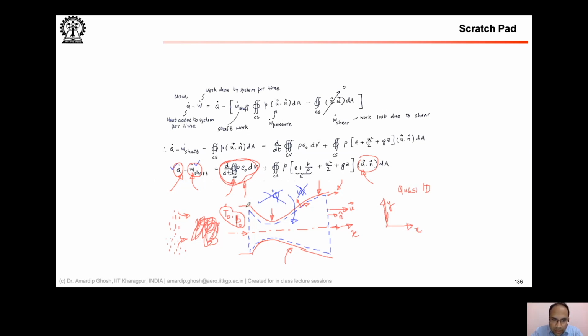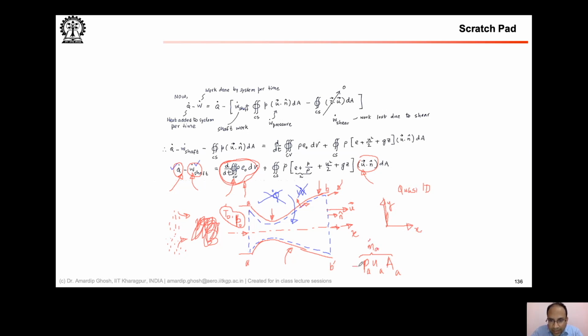So you're left with, if you think of a prime, and this surface as b prime, then you are left with, this is very interesting, rho at station A times u at station A. This dA over this region will give you something like A at station A, which essentially means m dot at station A.